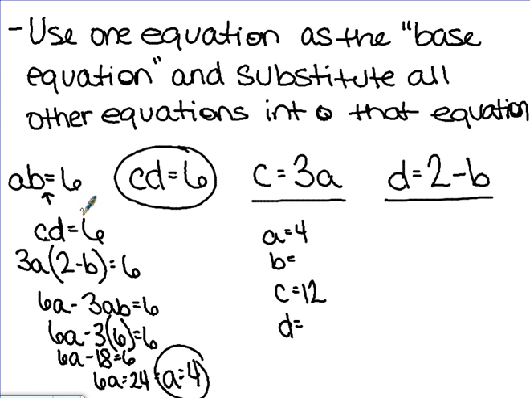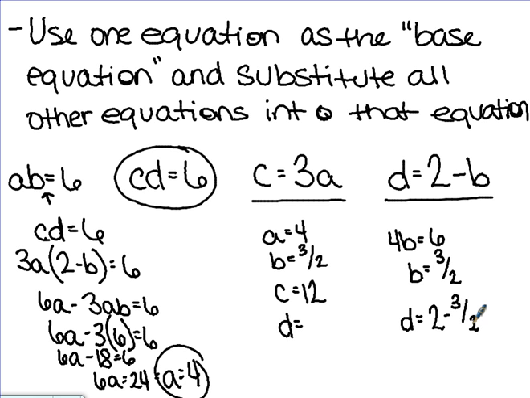If A is 4, then I have 4 times B equals 6, which means that B equals 3 halves, or 6 over 4 simplifies to 3 halves, or 1 and 1 half. And if I substitute 3 halves in for B in this equation to solve for D, I have D equals 2 minus 3 halves, which gives me 1 half.